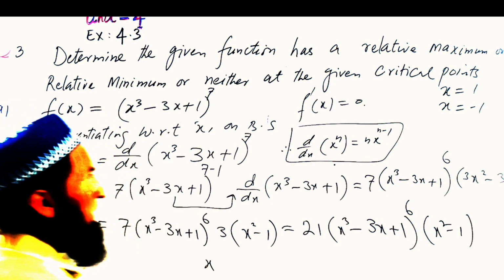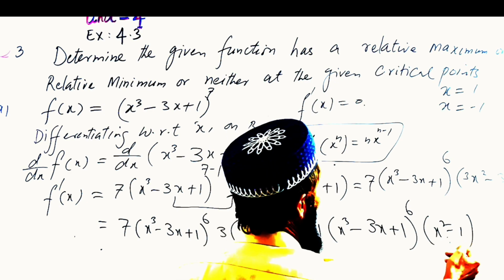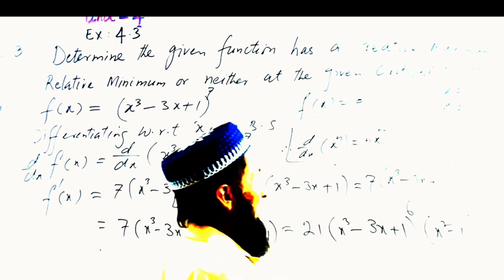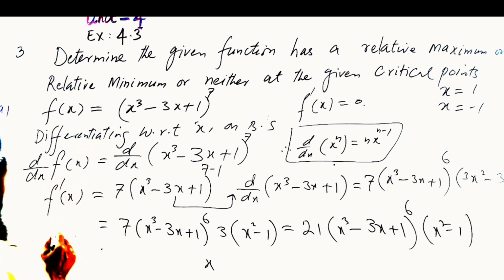For the critical point, we are already given f'(x) = 0. So from here we get the critical point. Now first we apply the condition f' at the critical point x = 1.